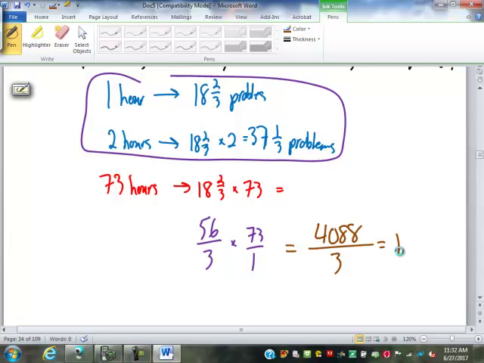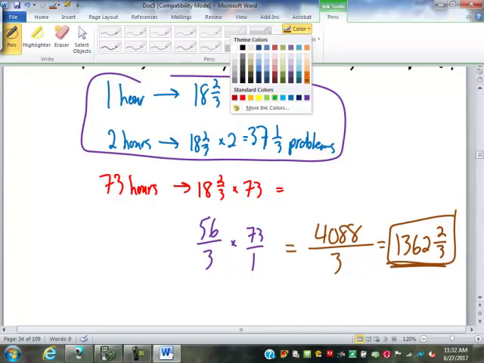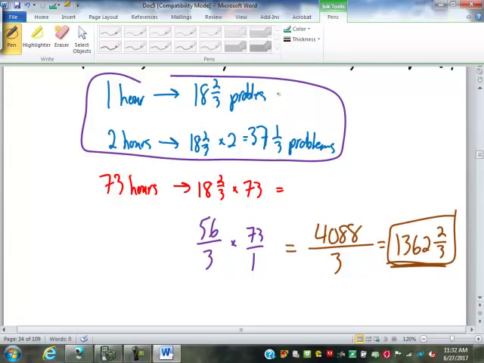So that is 1,362 2/3. That's probably about right for the summer. About 1,300 problems is about. You probably do more than that.